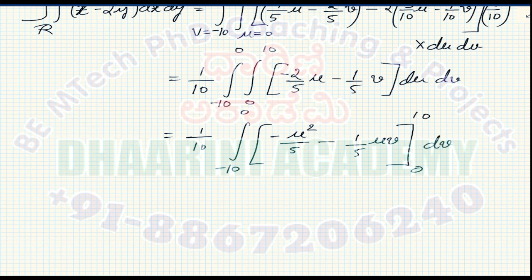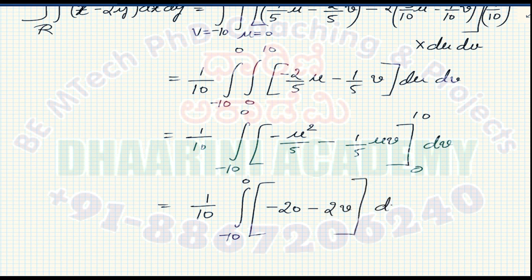I'm left with only one variable, that is v. So this is equal to 1 by 10, integration minus 10 to 0. So substitute u square, u is 10, so 10 square is 100, minus 100 by 5 is minus 20, minus 0, so it's just minus 20. Then the minus part comes. Put u is equal to 10, denominator is 5, cancels with the 10 as 2, so minus 2v. Anyway, other part is 0.